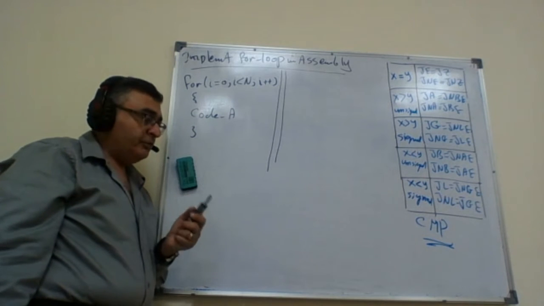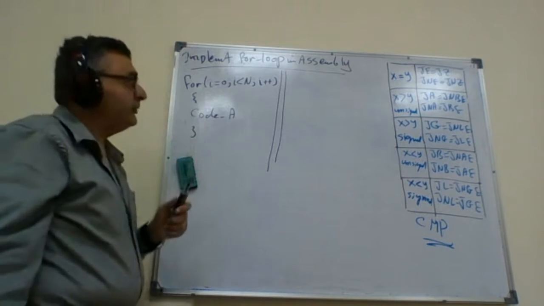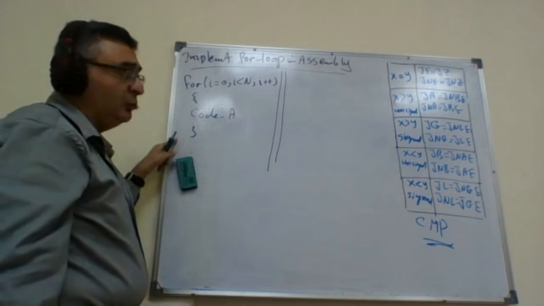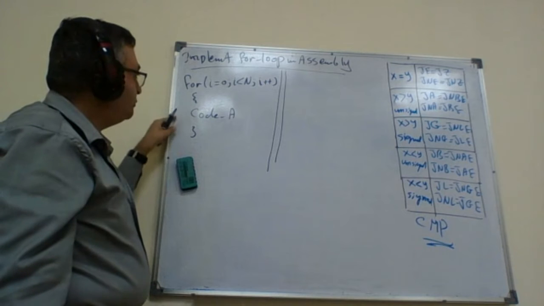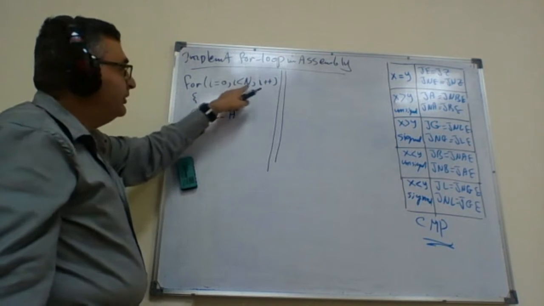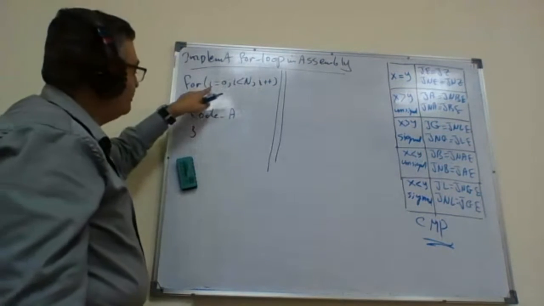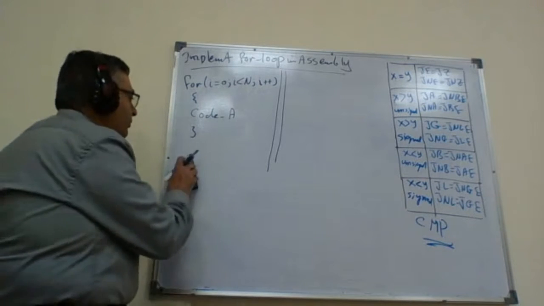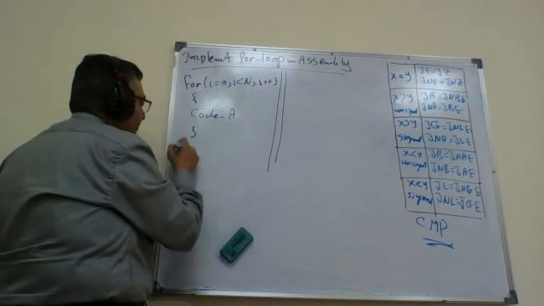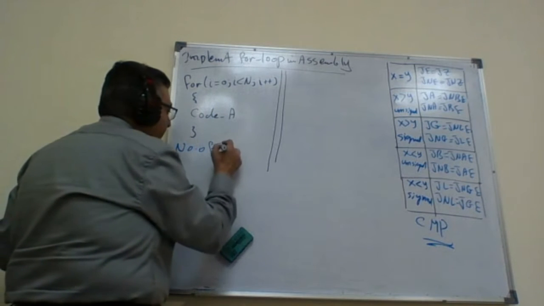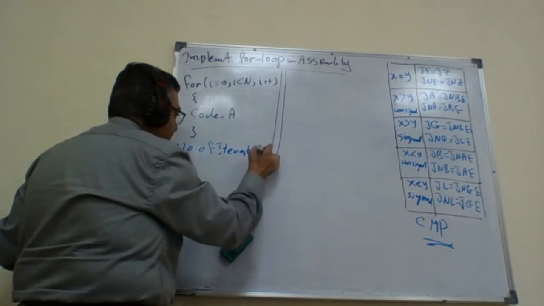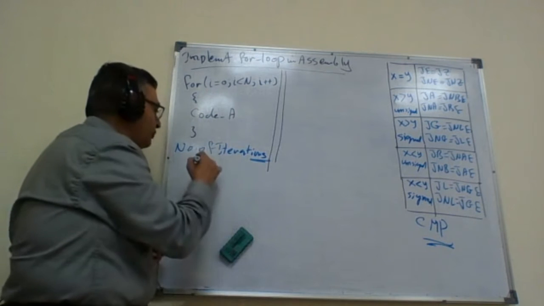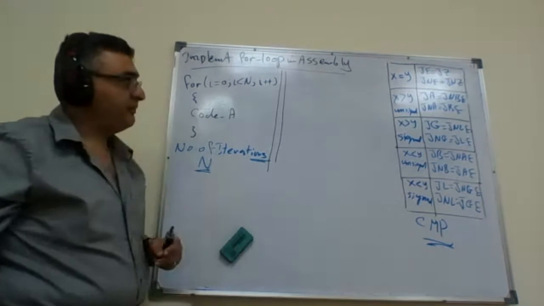First of all, here I have a parameter called i, which is the index of the for loop. This for loop should be executed n times, because it runs from i equals 0 until i less than n. The most important thing in for loops is the number of iterations. You have to focus on this. In this for loop, I have n iterations.